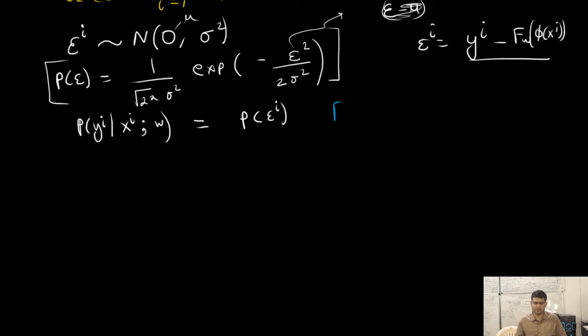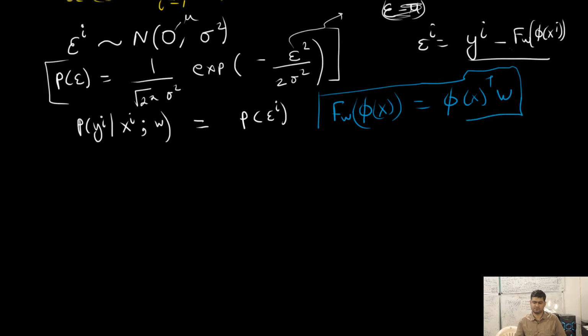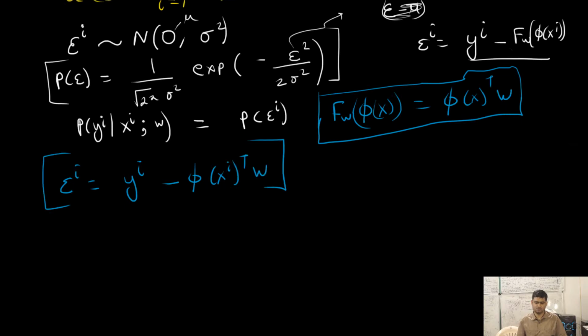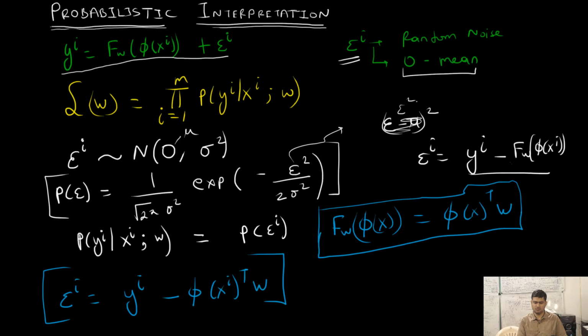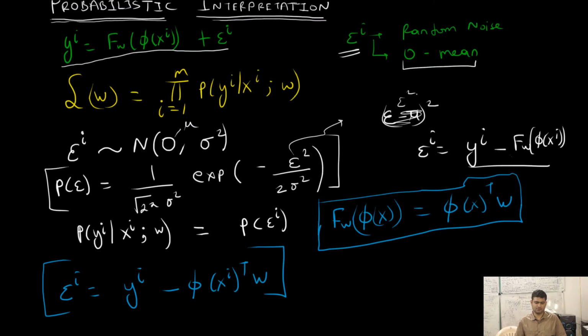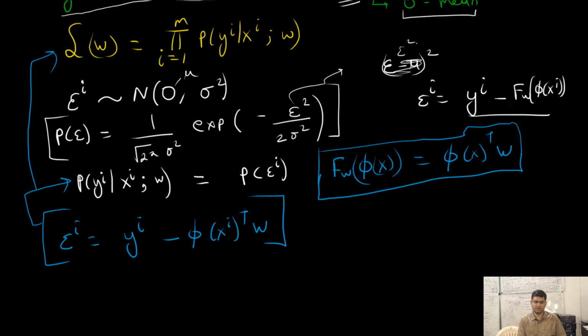Let's assume that f_w is phi of x transpose times w. So we're going to assume the linear model over here. In that case, epsilon i becomes yi minus phi of xi transpose times w. So we can now plug this in into this and further over here.